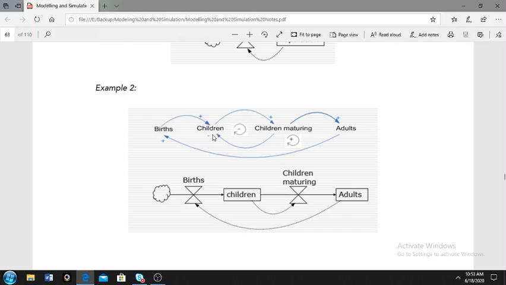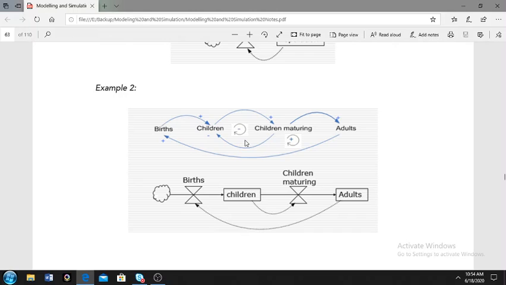The stock of children accumulates when we have birth. And the children are influenced by their maturity, and this maturity influences adult. So we have adult accumulating because children are becoming mature. So this is a flow.